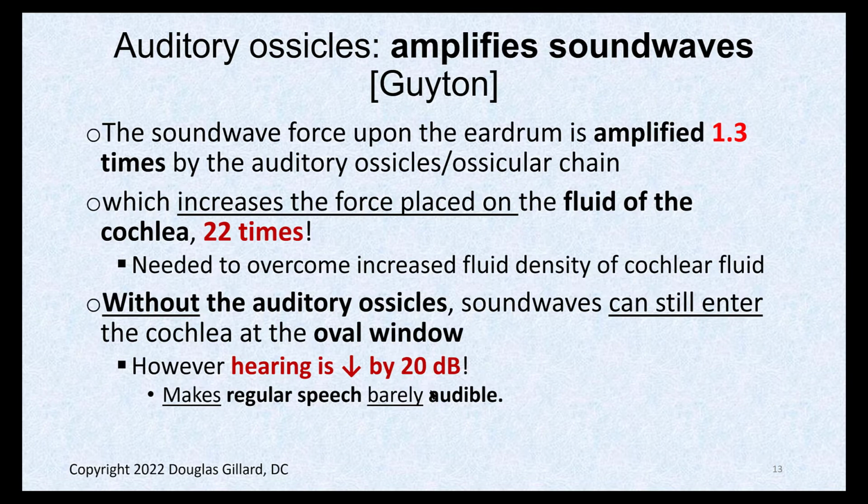And that's needed to overcome the increased fluid density of cochlear fluid. Without the auditory ossicles present, or if they're frozen or ankylosed, sound waves can still hit the oval window, but at least this author said the hearing is decreased by 20 decibels in this situation. And again, it makes regular speech barely audible.